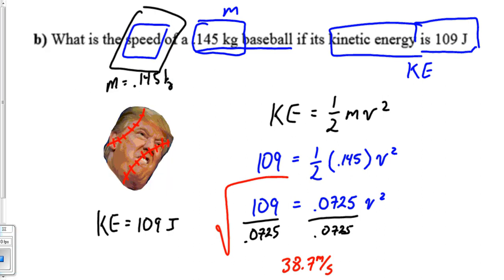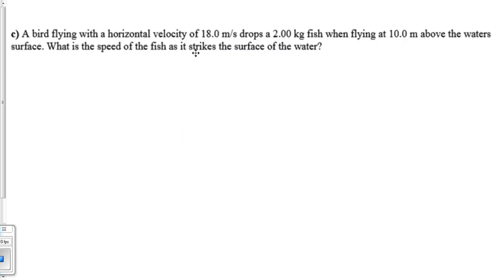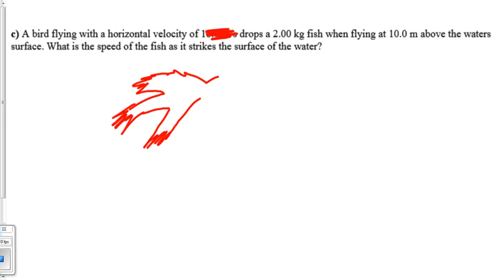Let's do one more question, and then we'll actually be done. A bird flying with a horizontal velocity of 18 meters per second. Let's ixnay the 18. Let's go with this. Let's say that we've got a bird, and this bird is, I realize I'm not very good at drawing birds. This bird, oh, that's a good idea.